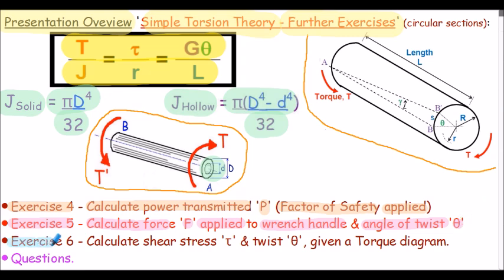Exercise 6, we have to calculate the shear stress and the angle of twist, theta, given a torque diagram. This scenario considers three gears mounted on a shaft. From the information given we can calculate the various shear stresses in the shaft and also the angle of twist. The presentation ends with a series of questions for you to attempt at your own pace.